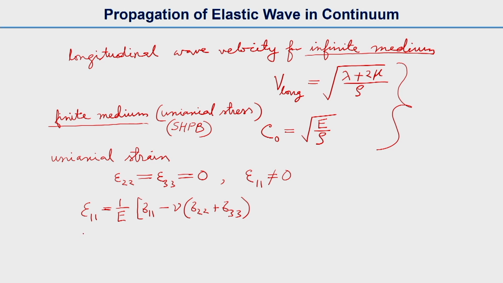Here we consider sigma 22 equal to sigma 33, because it is only uniaxial strain and the other two direction stresses are equal.